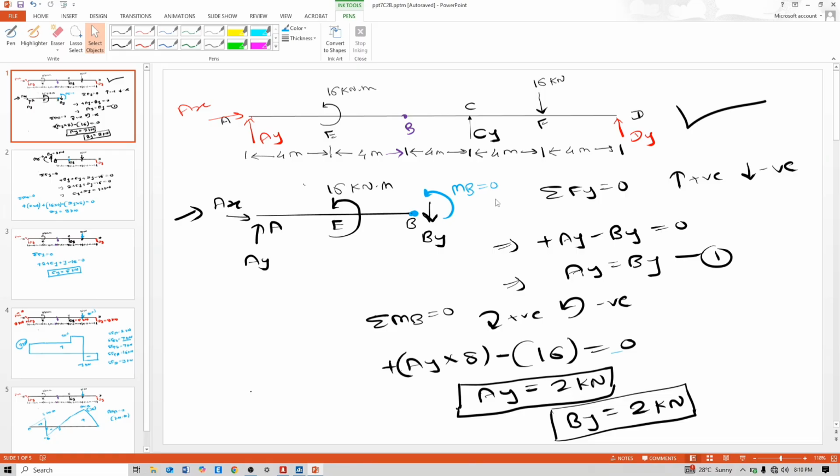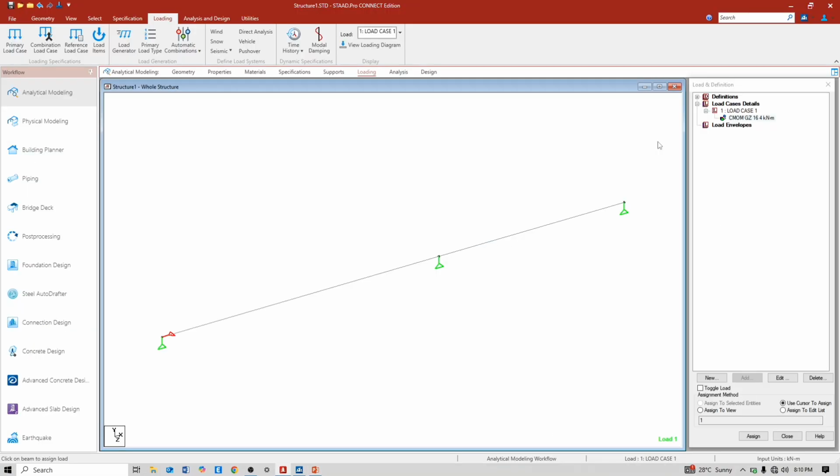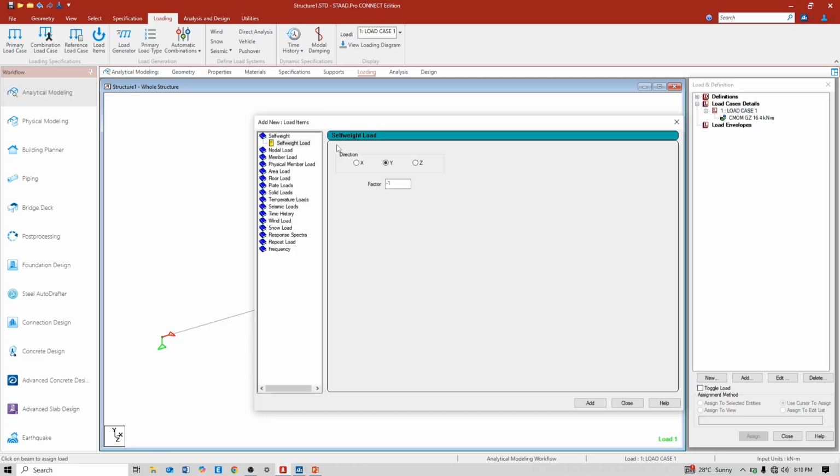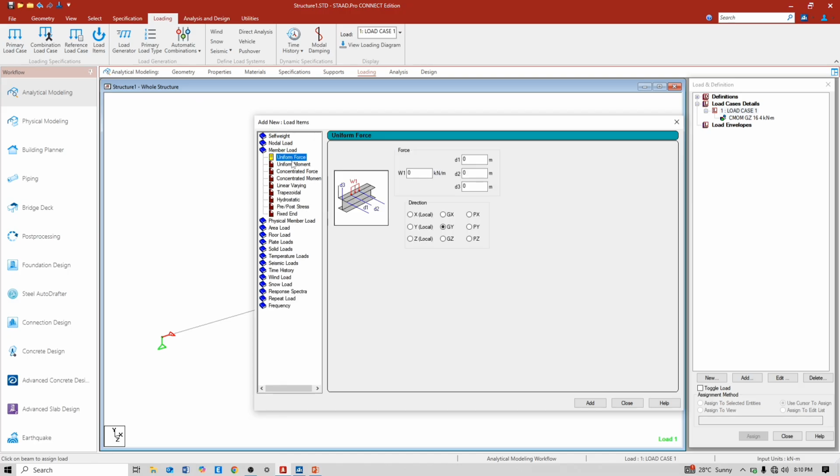Now next is at a distance of 4 meter from point C, a 16 kilonewton concentrated point load. Member load, concentrated force, GY minus 16. GY is the direction. See, this y direction is upwards.